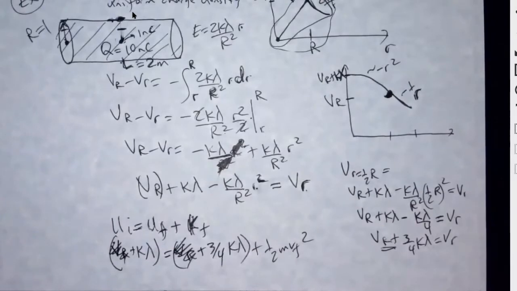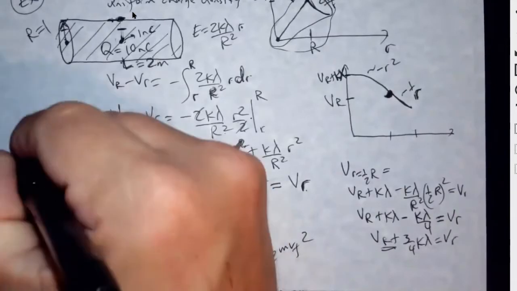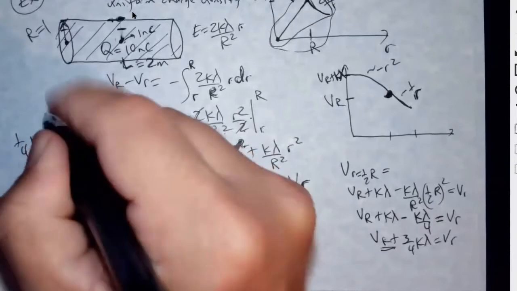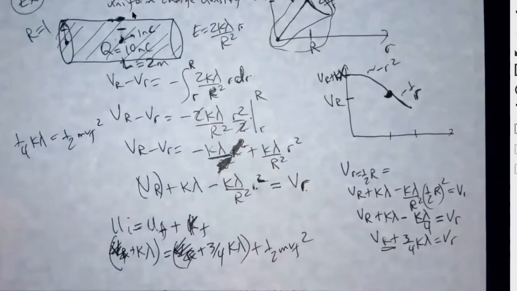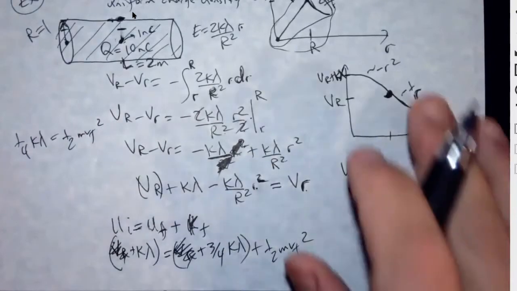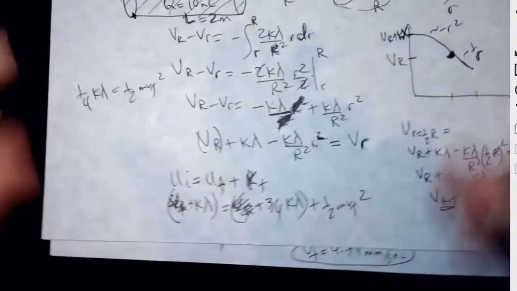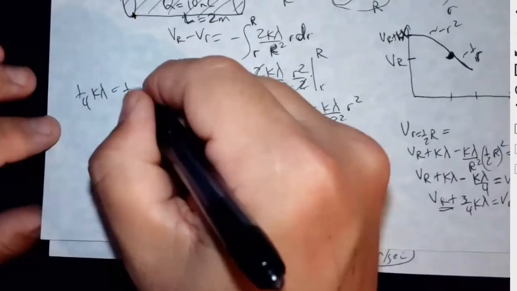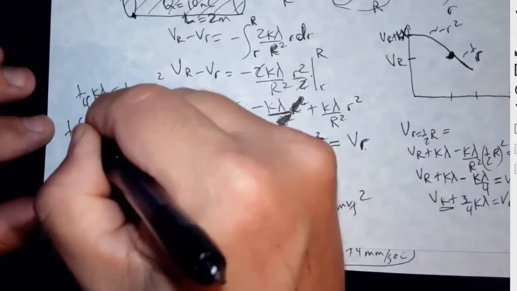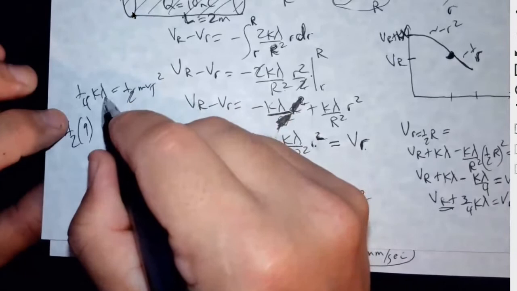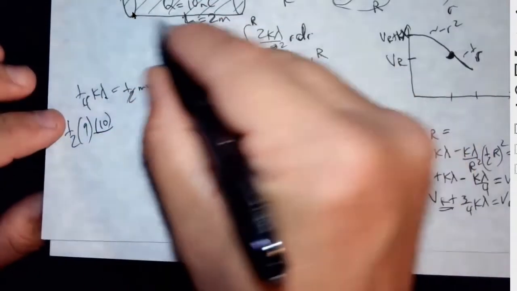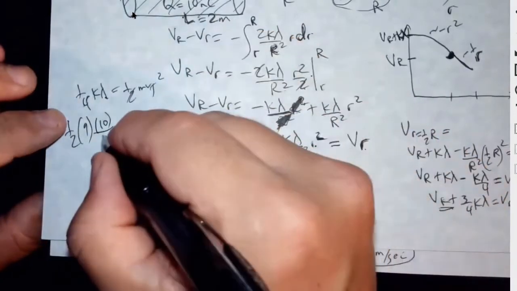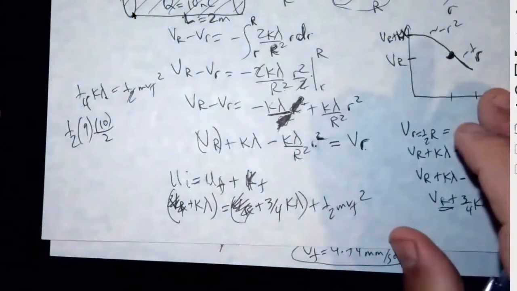And then you subtract this, you get 1/4 k lambda is half m v final squared. Okay. And then the 2's cancel, you get a half, 9. And then what's the lambda? It's the charge, which is 10, over the length, which is 2. And then the nano cancels the 10 to the 9th.